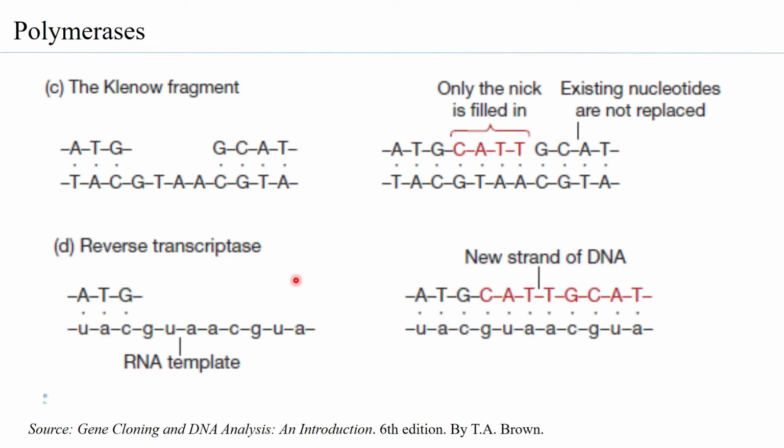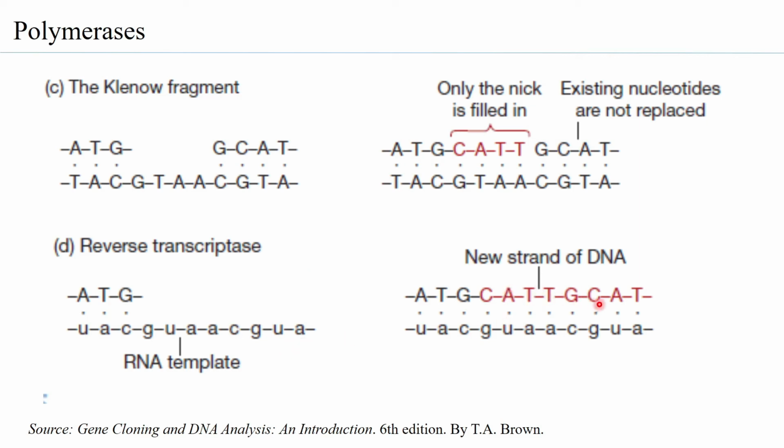Then of course one has reverse transcriptase. As the word suggests, reverse transcriptase is a specialized DNA polymerase that would use RNA as a template and synthesize DNA. So the DNA that is obtained over here is what is called as complementary DNA. And so what is obtained over here is a complementary DNA strand that can then be removed from this RNA, and in place of that a new DNA can be synthesized to form a complete complementary DNA.